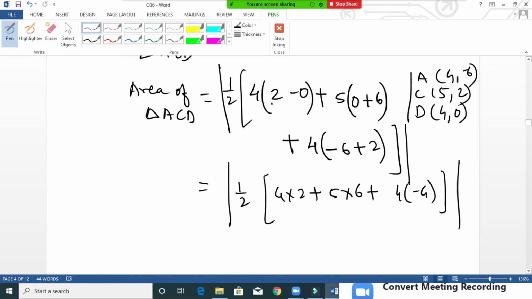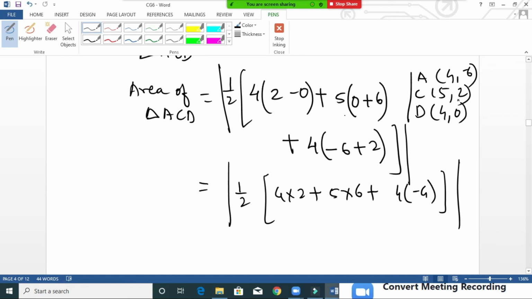Now just check whether we are going right. So into 2 minus 0, plus 5 into 0 plus 6, plus x3 is 4 into y1 minus y2. So y1 is minus 6 minus y2 is there.